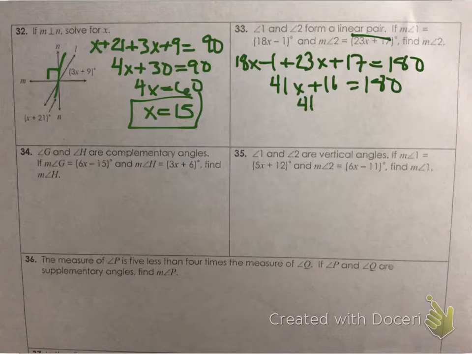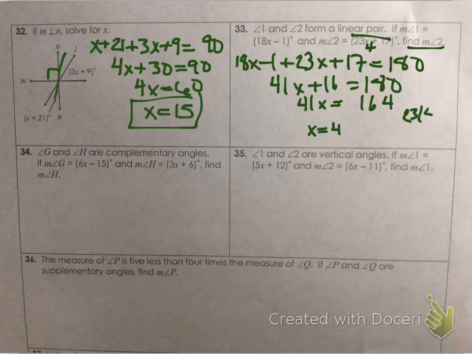Subtract the 16, you get 41x is equal to 164. Then you can divide, and you get x equals 4. But this one wants you to find angle 2, so you put the 4 here and say 23 times 4 plus 17. That tells you the measurement of angle 2 is 109 degrees.